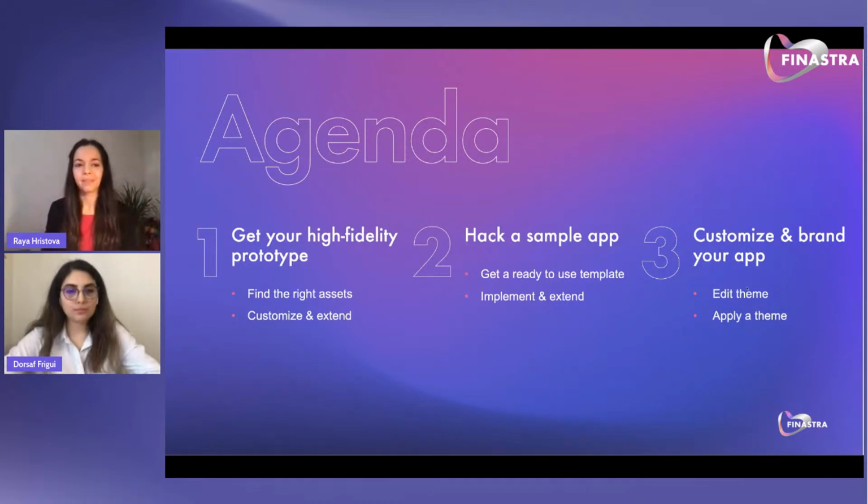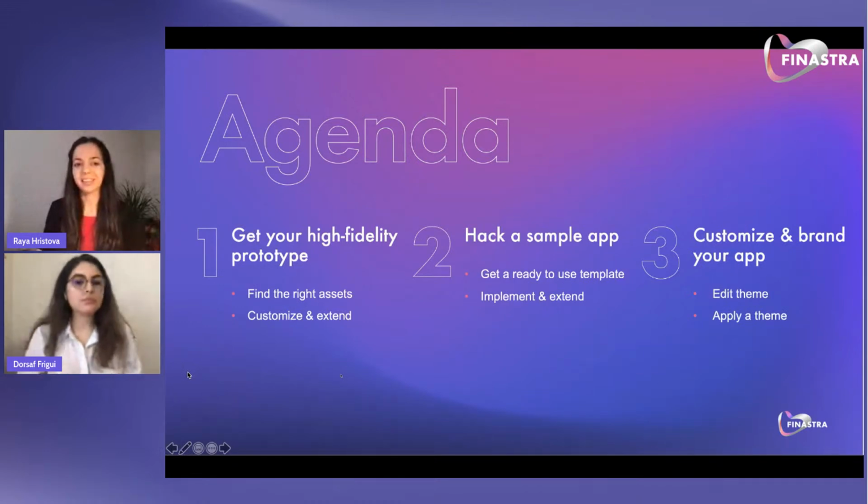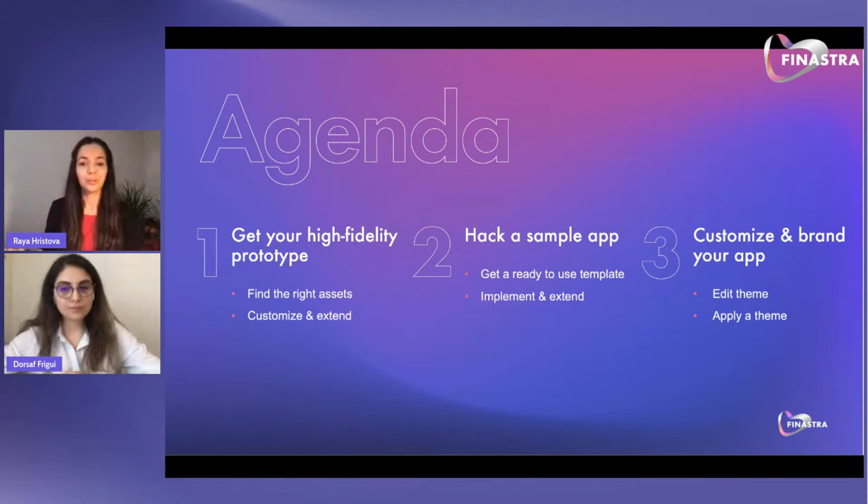The agenda is around three topics. First, we're going to build a high fidelity prototype, see how you can get started, with a hands-on session on extending a high fidelity sample. Then we're going to dive into hacking a sample app, so you can code and implement your idea faster.